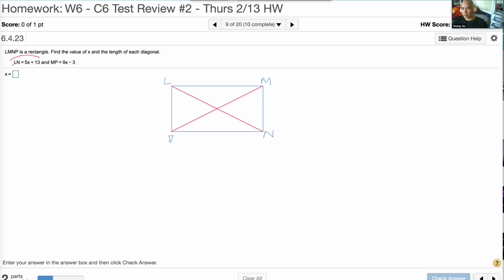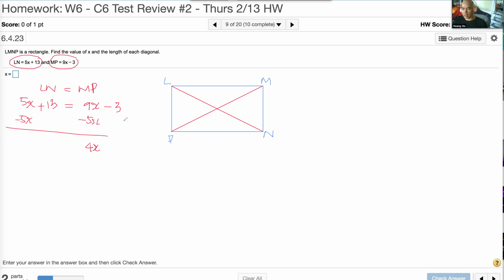So LN equals MP. Now substitute in: 5x plus 13 equals 9x minus 3. So solve this. I subtract 5x on both sides, and then I see it comes out to 4x.